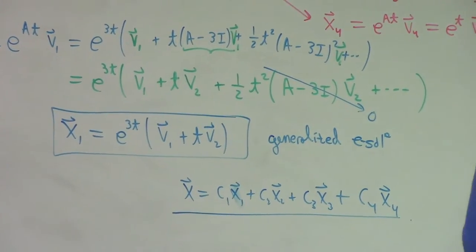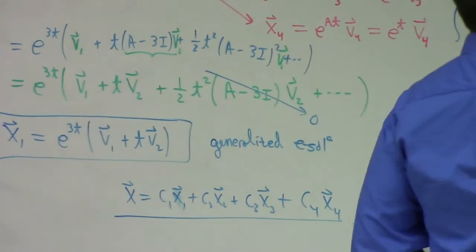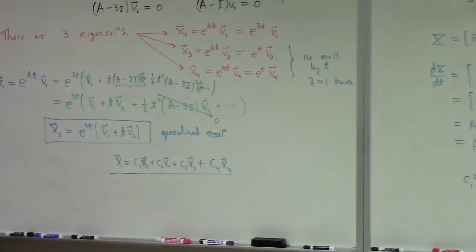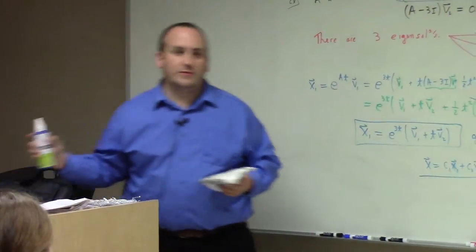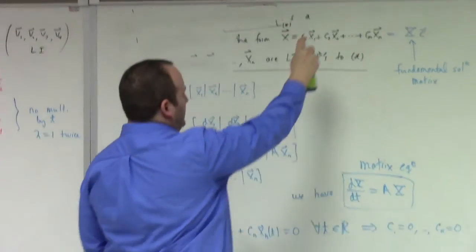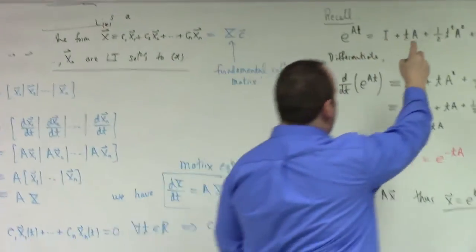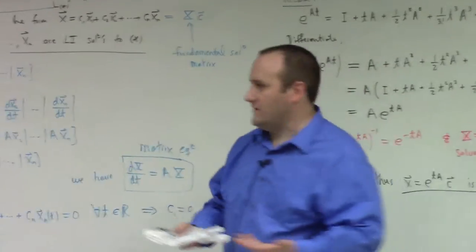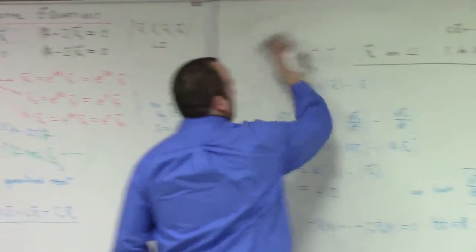So you might wonder, you're just solving x prime equals Ax. How do you know that that's really general? Aren't you making a very special assumption when you assume the differential equation has that form?